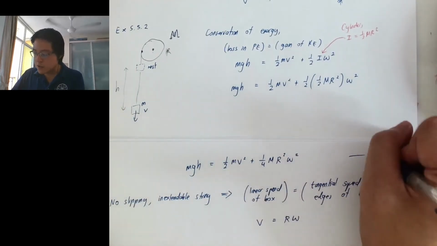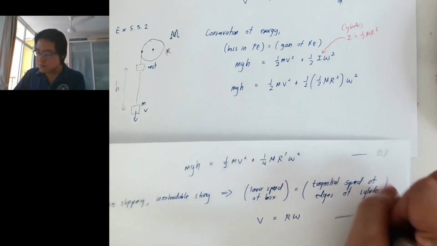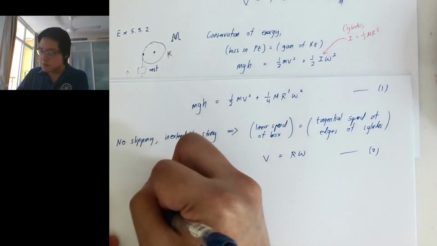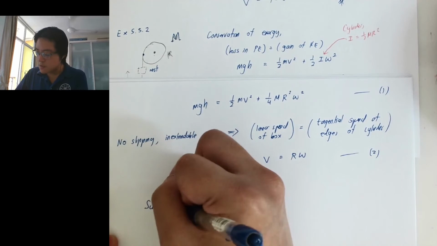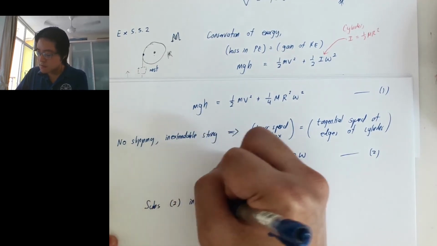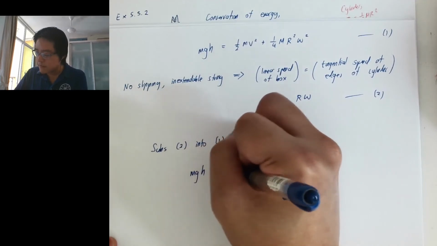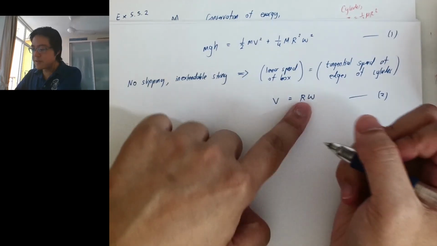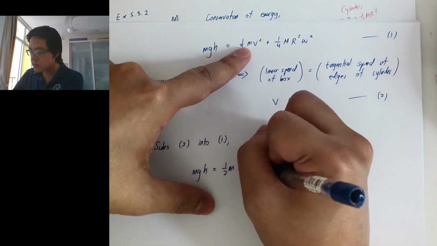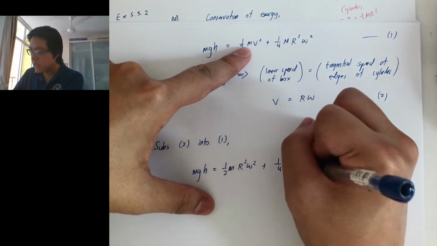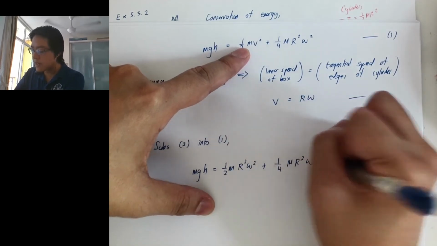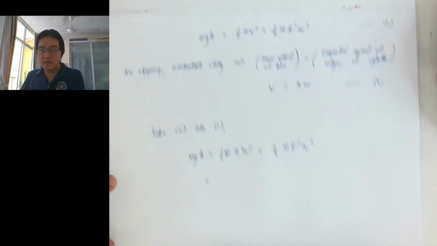So I got two equations, so we'll just substitute 2 into 1. So I got mgh is equal to half m, and then v squared, so it's R squared omega squared, and then I got 1 over 4 MR squared omega squared, so I can simplify this equation.